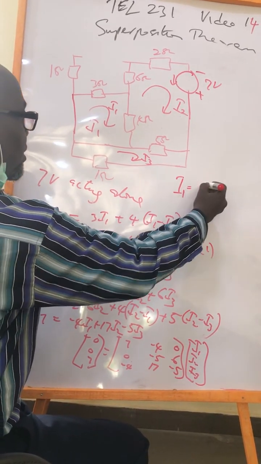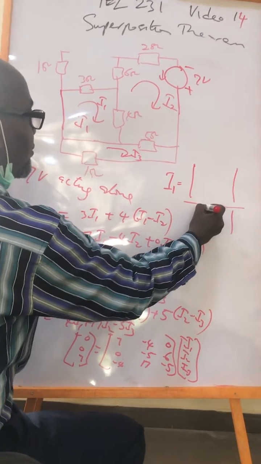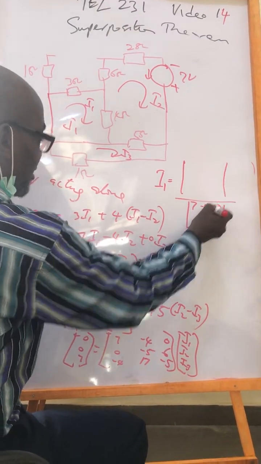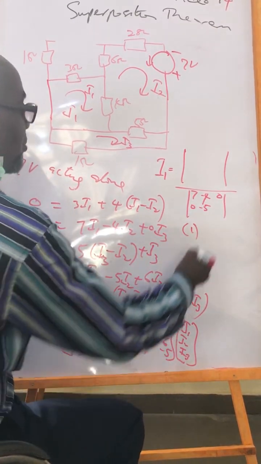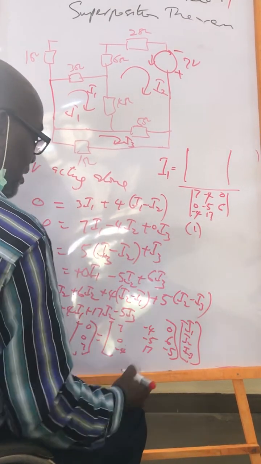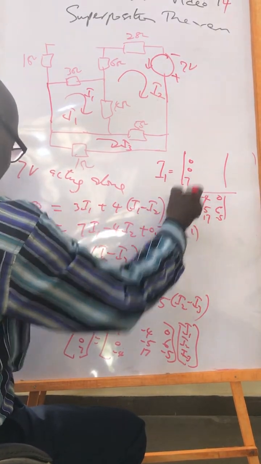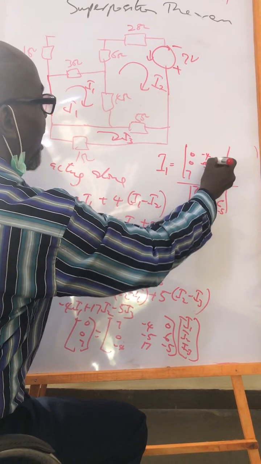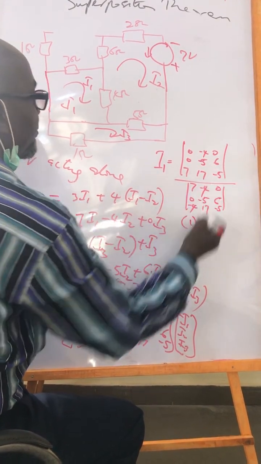I1 is going to be equal to determinant over determinant. My calculator of determinant will be calculating it and declare the result for me soonest. The denominator will be 7, minus 5, 6, minus 4, 17, minus 5. But on top, I'm going to have 0, 0, 7, minus 4, minus 5, 17, 0, 6, minus 5.